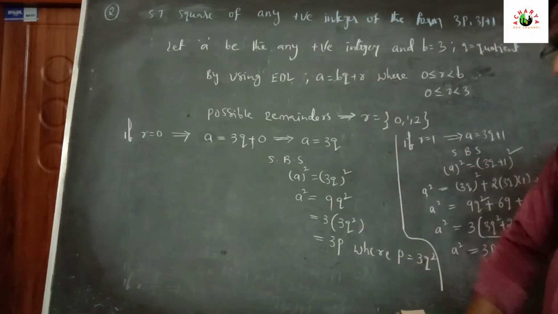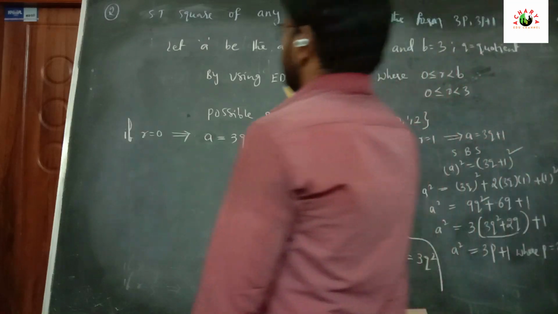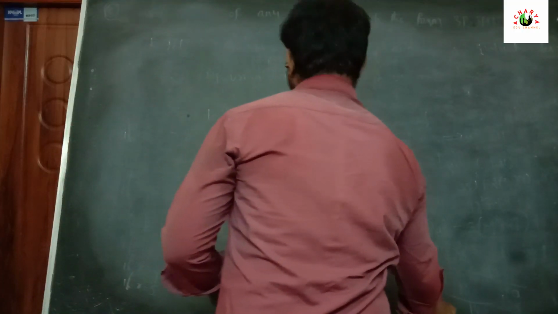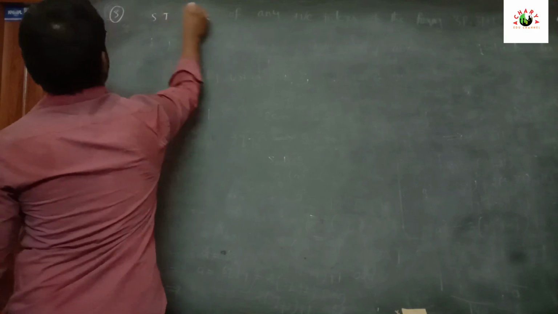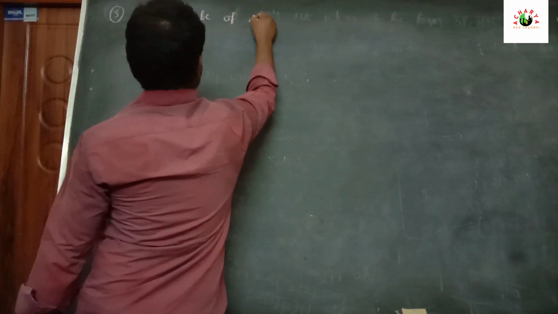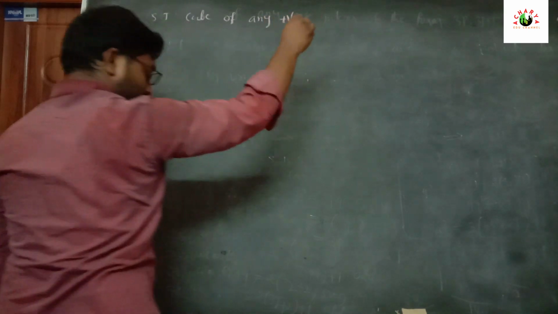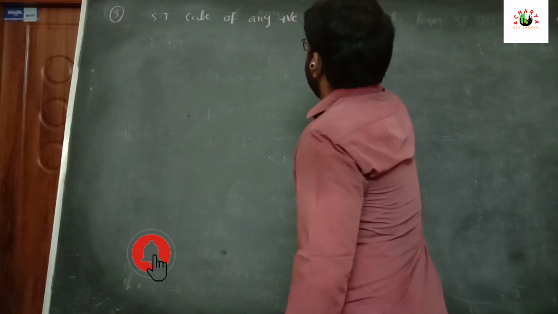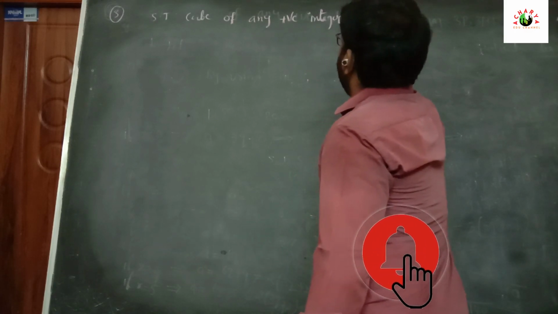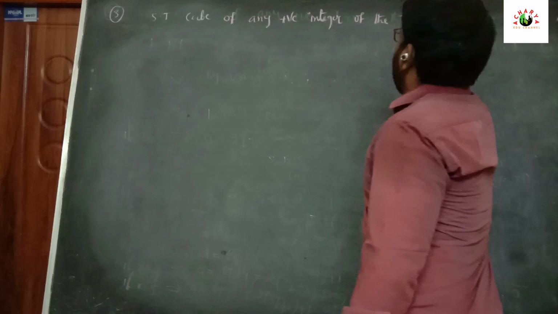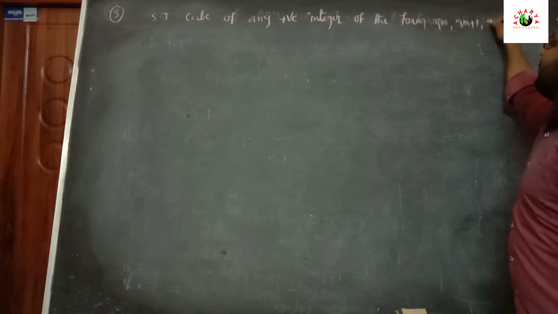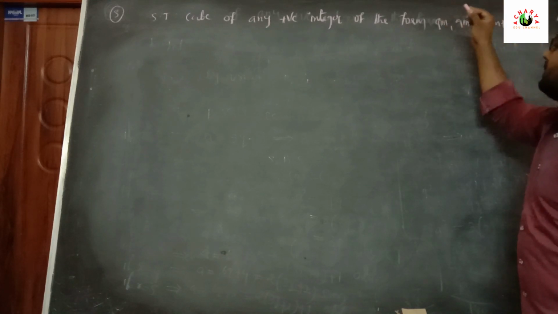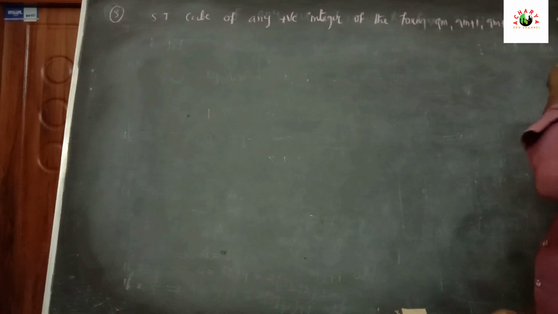So in the third case, show that the cube of any positive integer is of the form 9m, 9m + 1, 9m + 8.